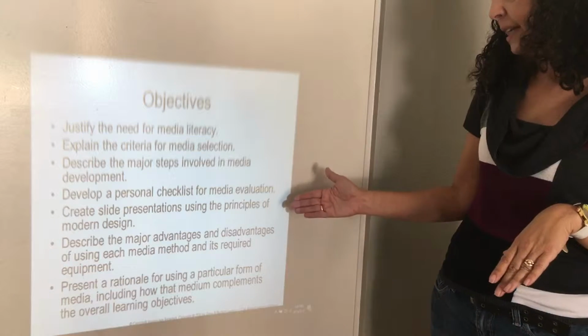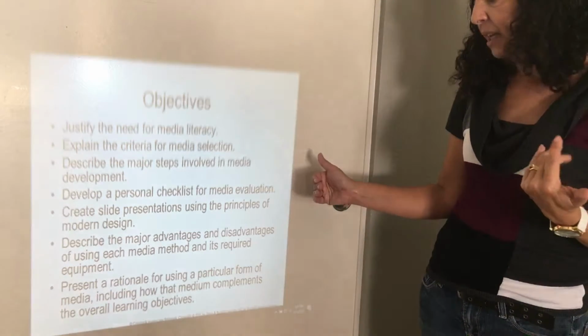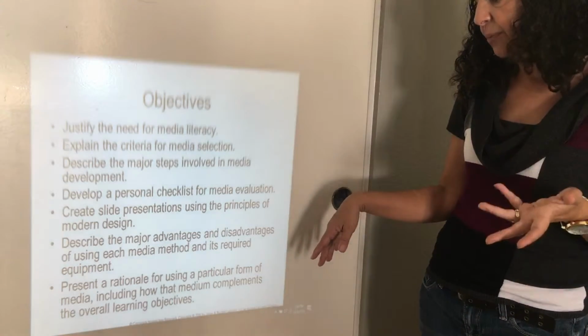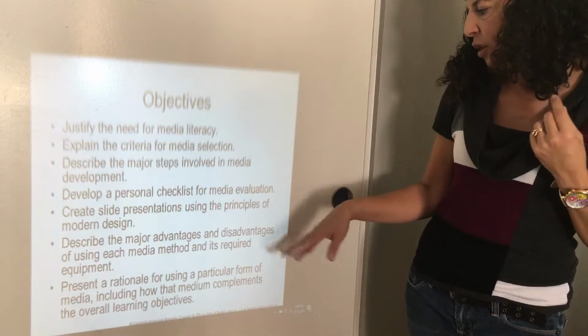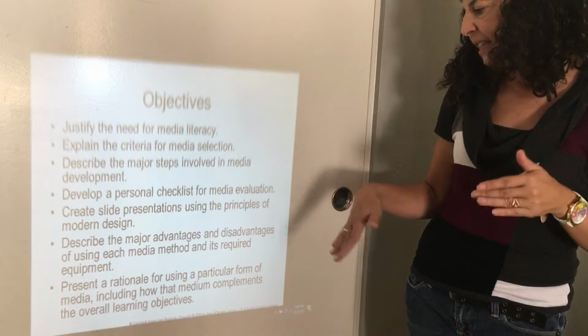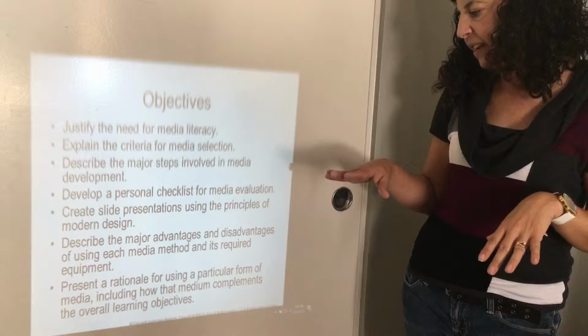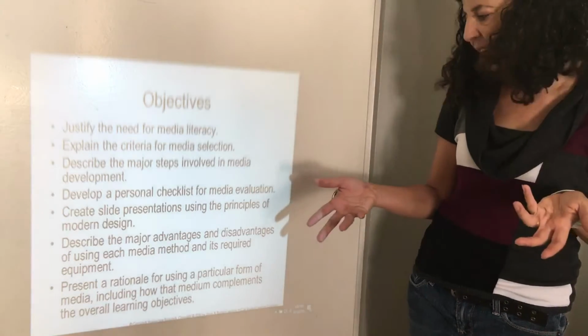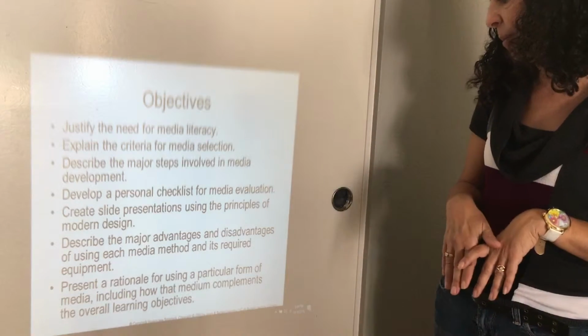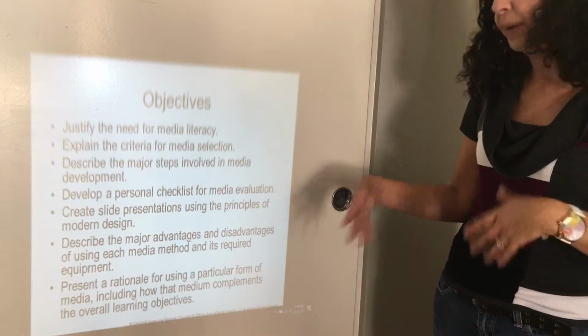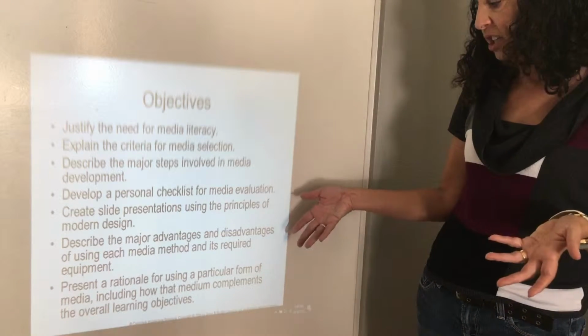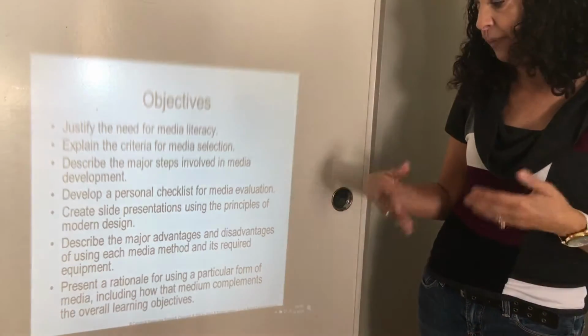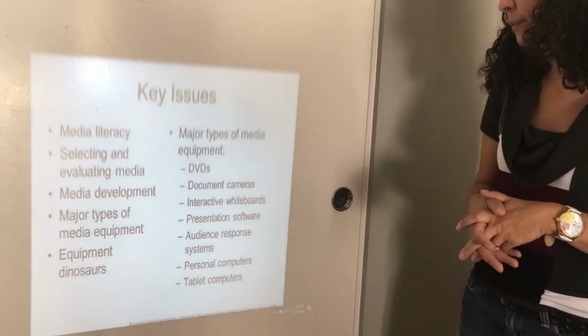You're going to know how to create slide presentations using the principles of modern design. You'll be able to know the advantages and disadvantages of different media methods and the equipment, and then also be able to present a rationale for using a particular form of media or technology.